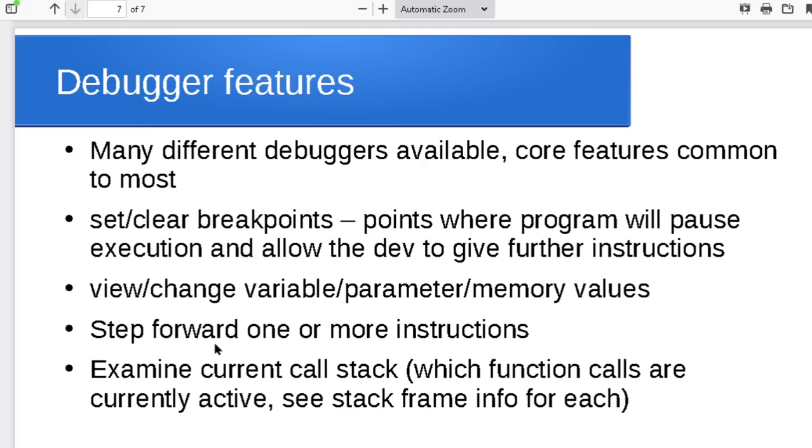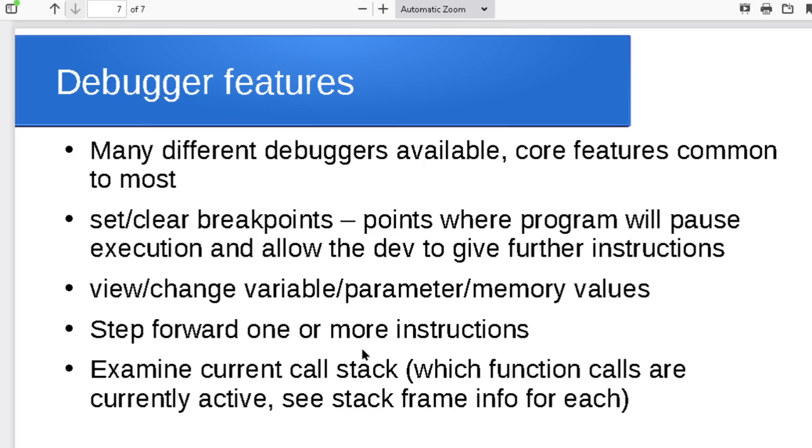Most of them will allow you, once you hit one of these breakpoints, to say, okay, let's go through one more instruction and see what happens next. One more instruction, see what happens next. Or eventually when you want to say, okay, resume running until you hit the next breakpoint. Most debuggers will also allow you to say, okay, where am I right now?